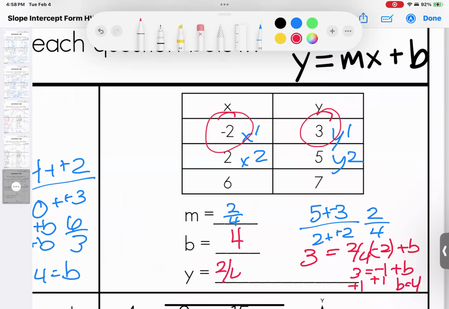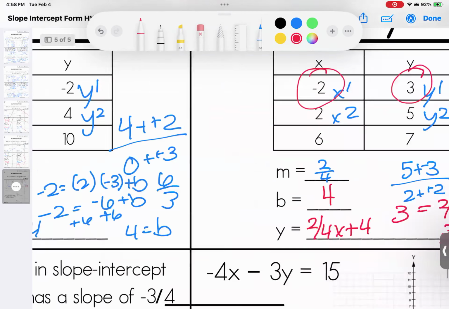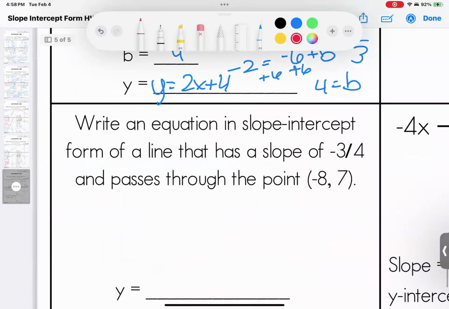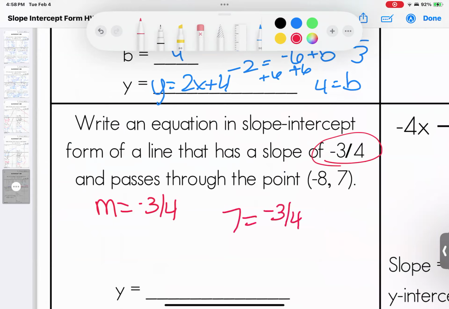Y equals mx plus b. All right, here's my slope. Y equals mx plus b. Again, using our strategies, if we divide 8 by 4, it's 2. 2 times 3 is 6.